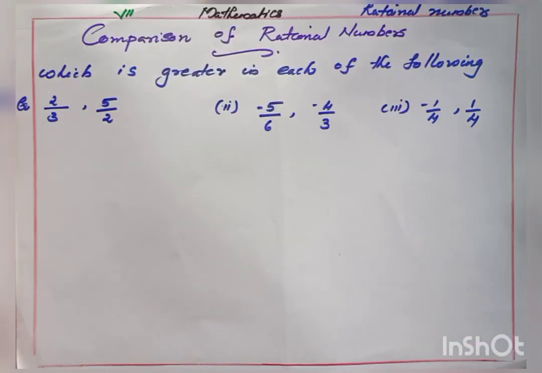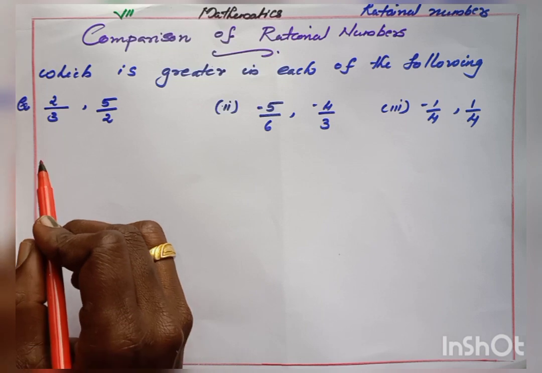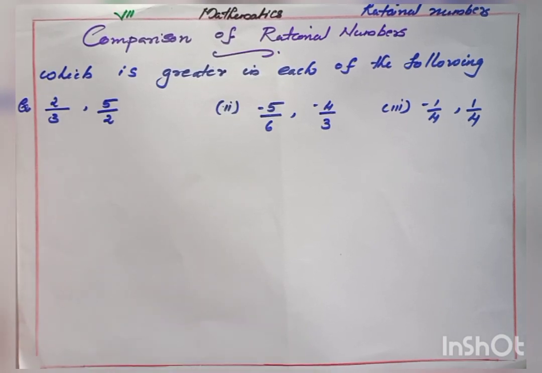Here the next topic is comparison of rational numbers. Compare which rational number is greater or smaller. The question is: which is the greater rational number in each of the following? See the first question, 2 by 3 and 5 by 2.